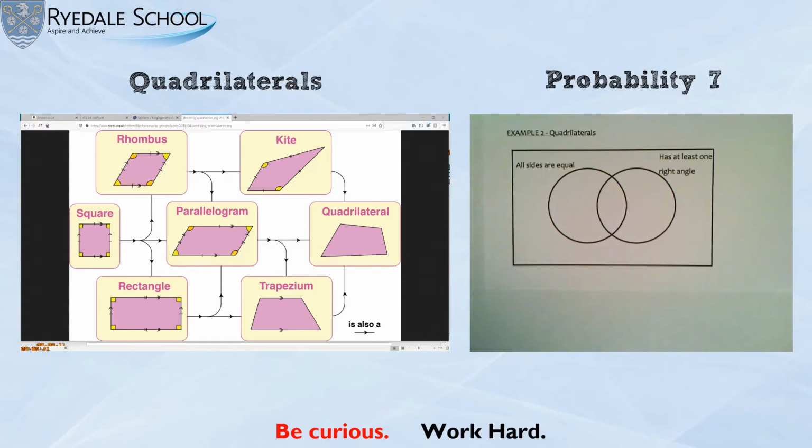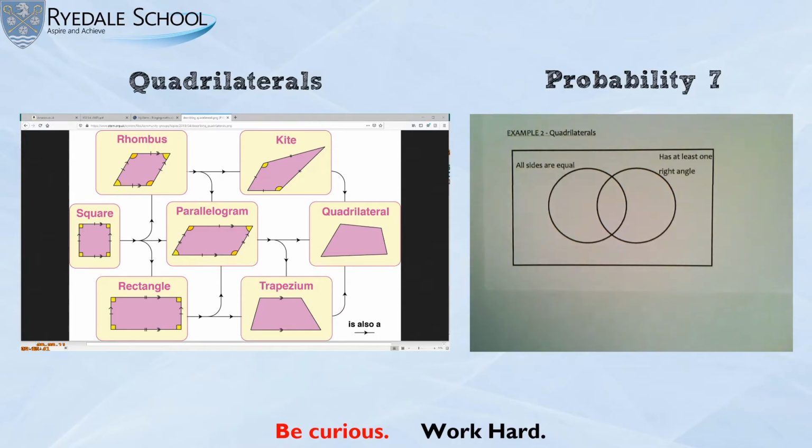Sometimes you have to be a little bit careful when searching for quadrilaterals on the internet, because not all of the shape names are called the same in the UK as they are in the US, for example, and a lot of web-based websites use the US names for some of these shapes.